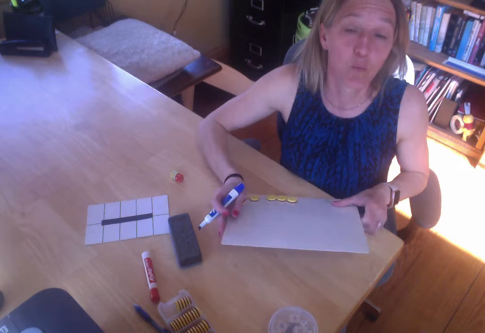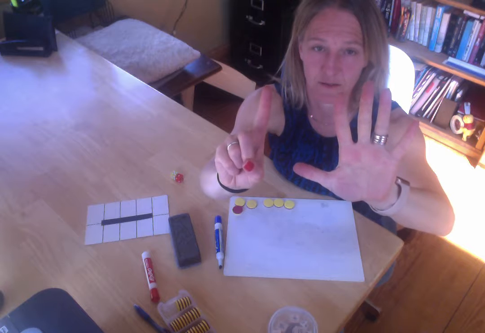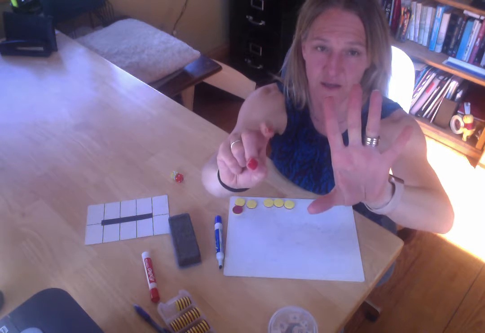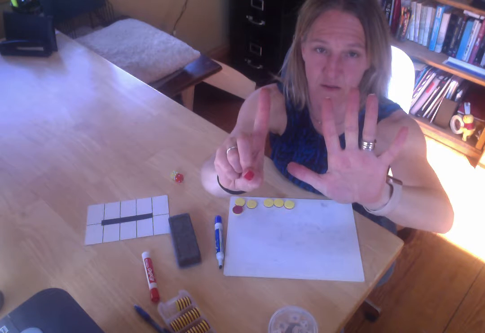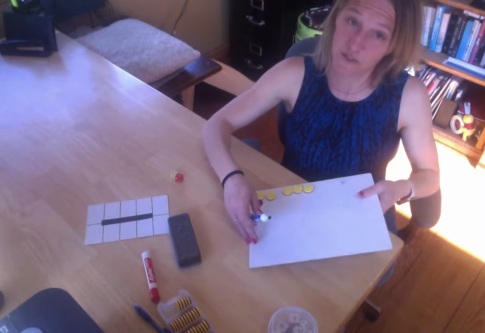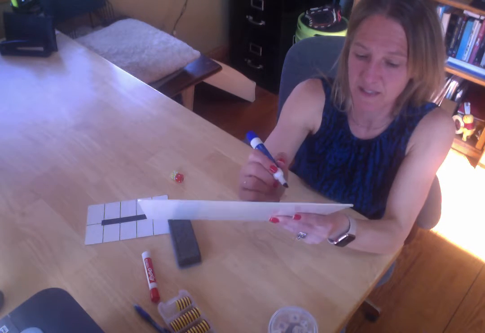Okay, let's do one more. I'm going to do it with my fingers again. You ready? This is going to be a trickier one. Okay, ready for it again? Here it is. That's what I'm starting with. Okay, tell me what to write. Good, I started with 6.